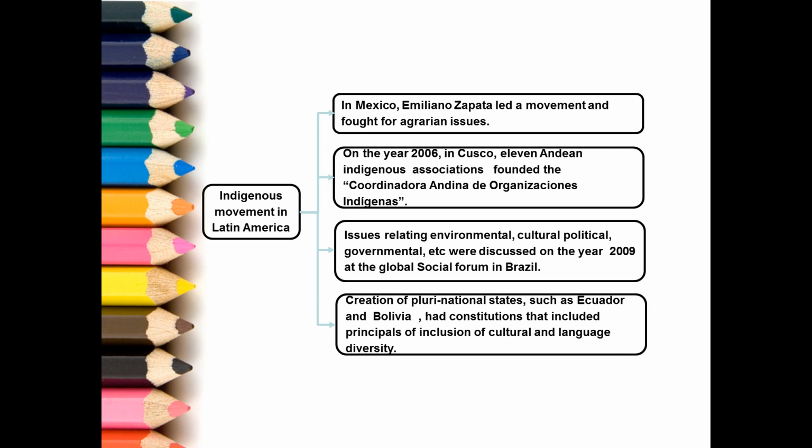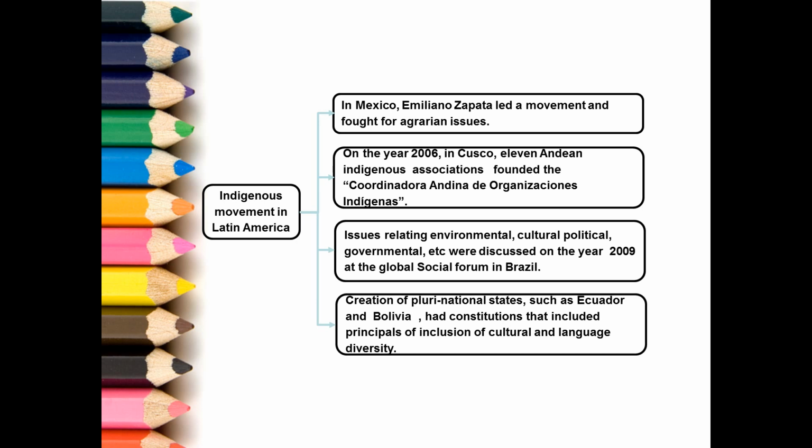Okay, next, in 2006, 11 Andean Indigenous Associations organized themselves and created a social movement called Coordinadora Andina de Organizaciones Indígenas. Now, this is another example of a social movement in Latin America. Now, continuing, we have, for example, that in Brazil there was also a social movement where people gathered in the year 2019 at the Global Social Forum.